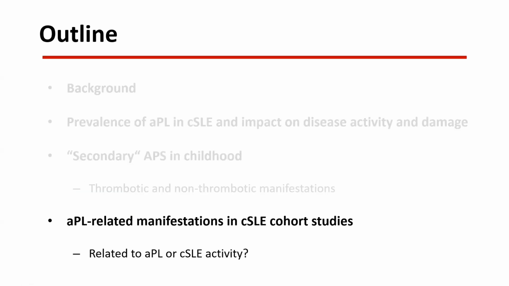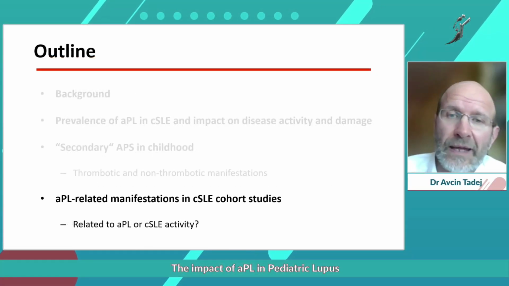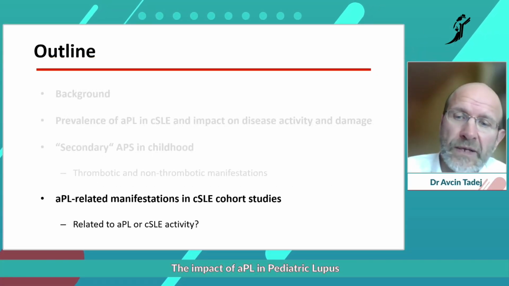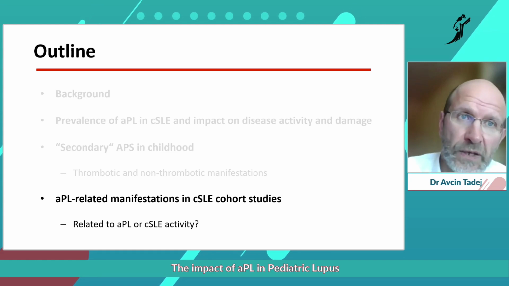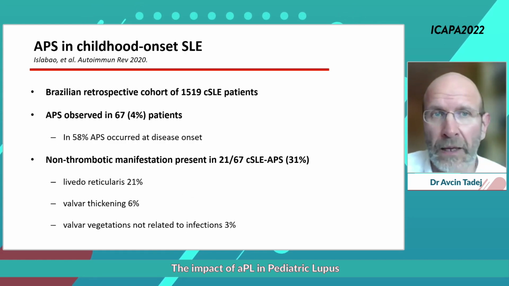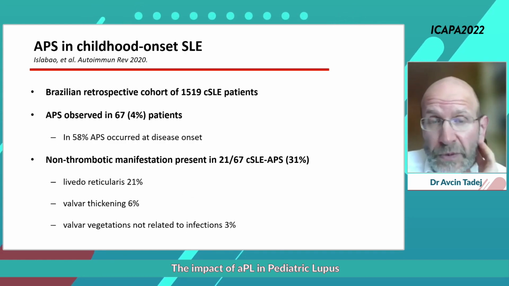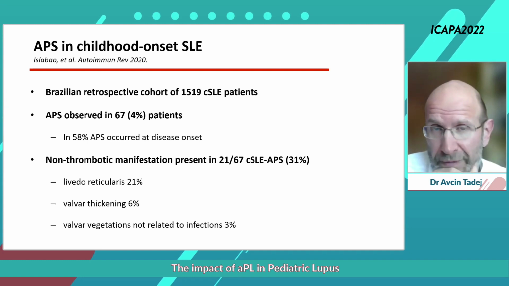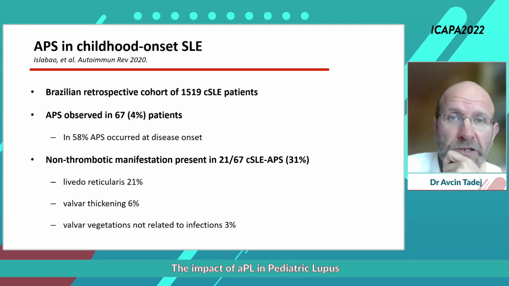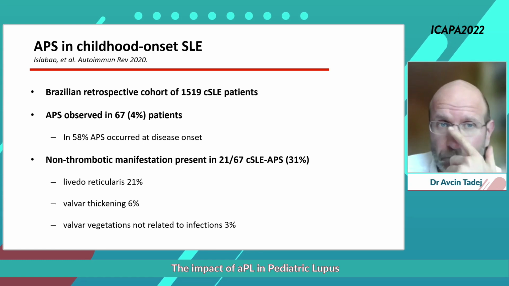In the last part of my talk, I would like to present the approach from the other side. So looking at the data from specific childhood onset SLE cohorts and what the manifestations were that were associated with antiphospholipid antibodies. I'm coming back to this Brazilian retrospective cohort of 1,519 childhood onset SLE patients.